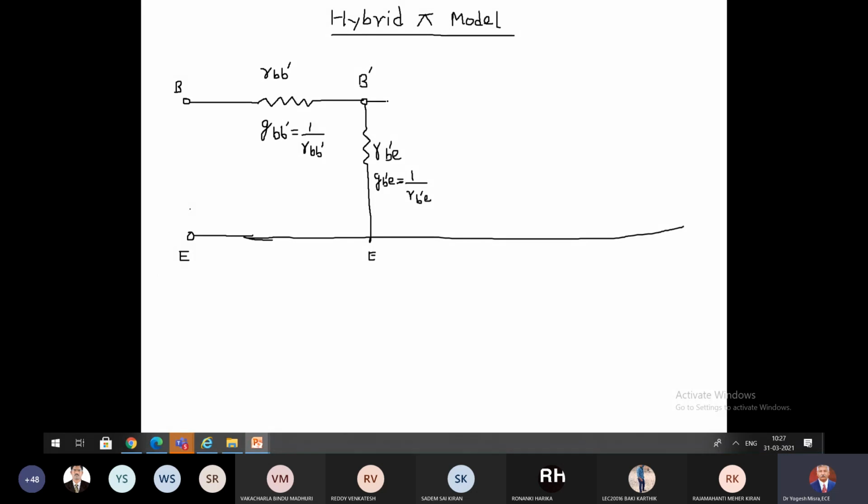I will extend this line up to here. If this point is B dash, this point is also B dash. Here I will show one capacitor. This is also the E point. This capacitor I write as CE. This capacitor is formed at the base and emitter junction, right?